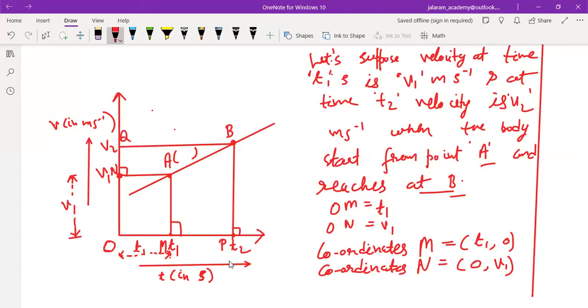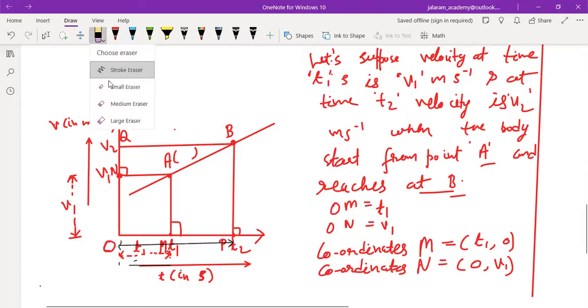So clearly, what will be the length of distance OP? Starting from O and reaching P, clearly this distance is T2.